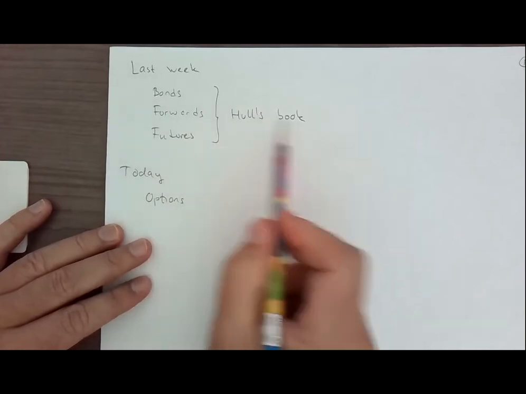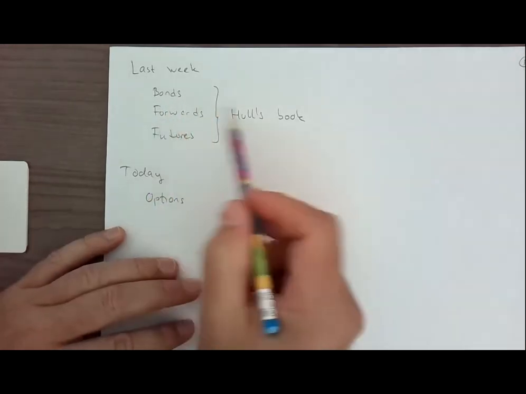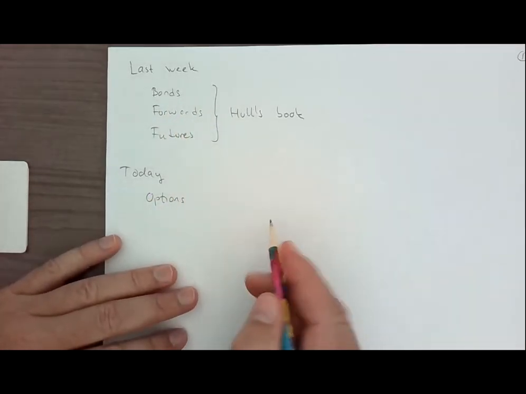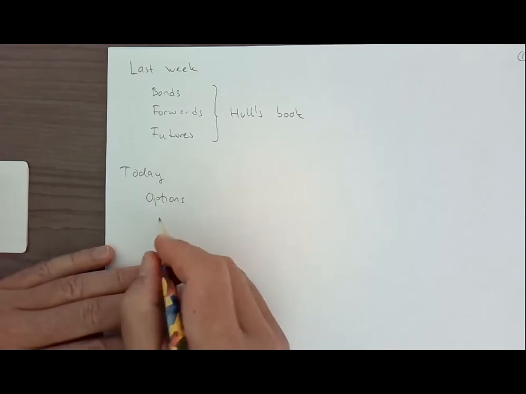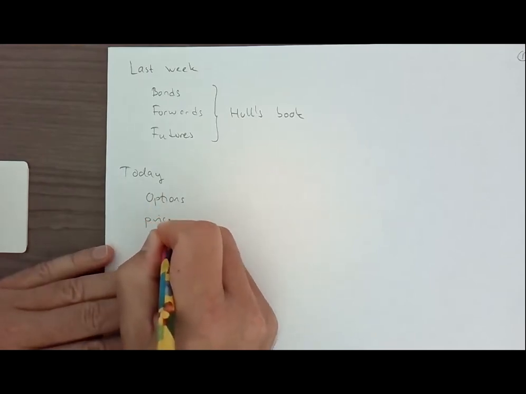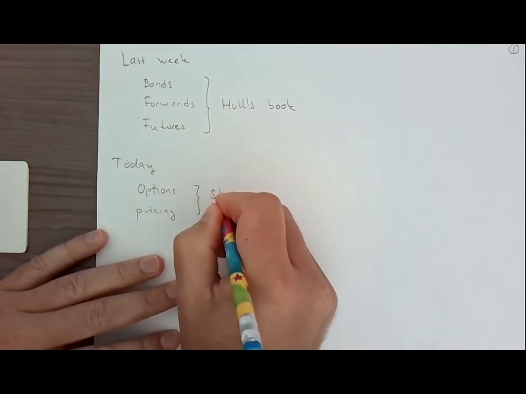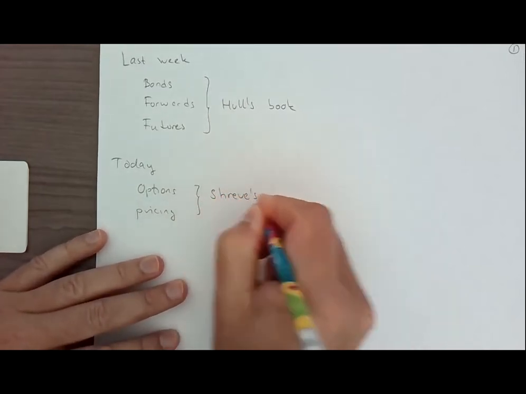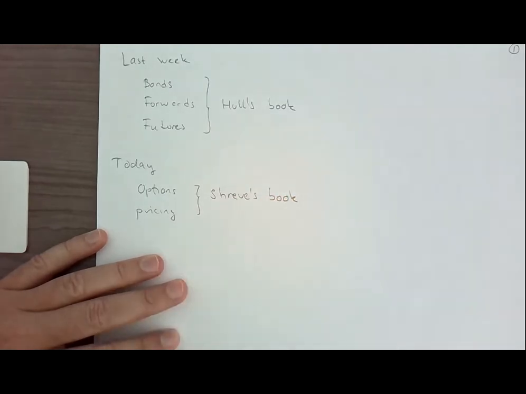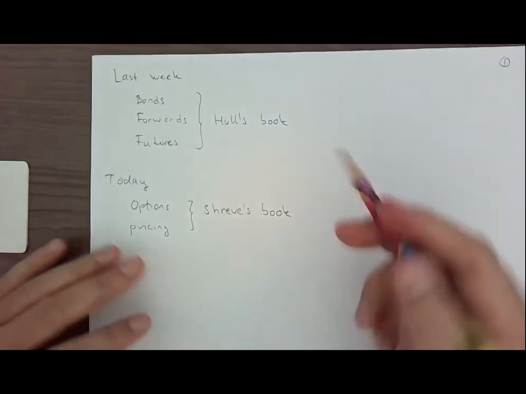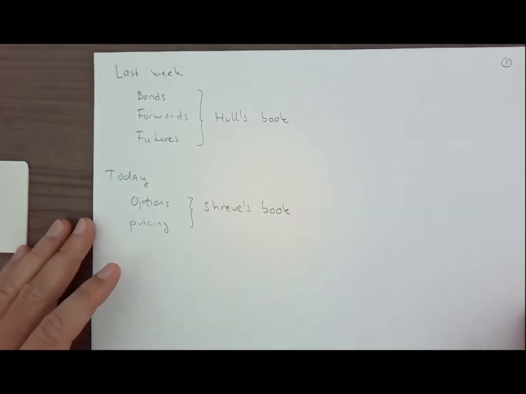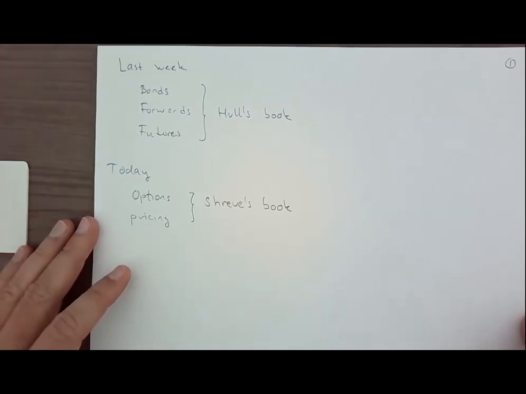Before we were talking about these quantities, like what is a bond, what's a forward, what's a future. Today we're going to talk about options, and we're actually going to do pricing. And this here is out of Shreve. So we're going to be alternating between Hall and Shreve throughout the semester.